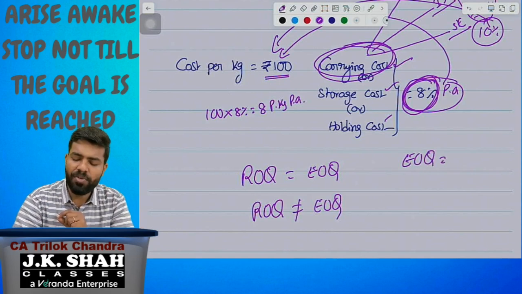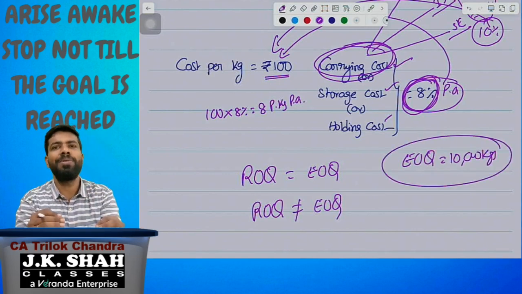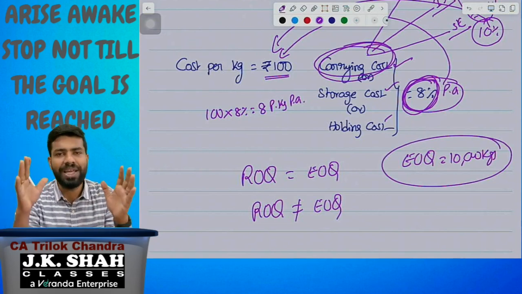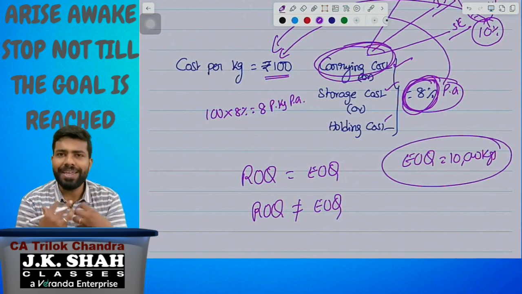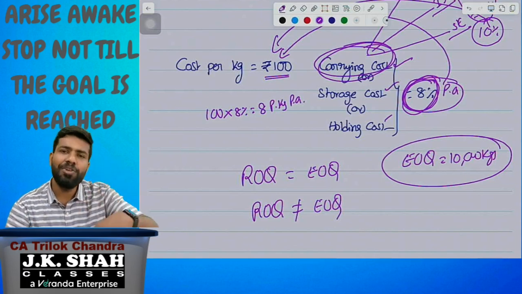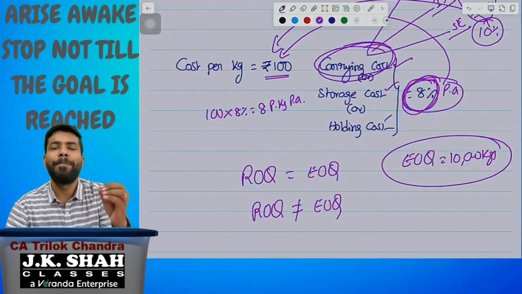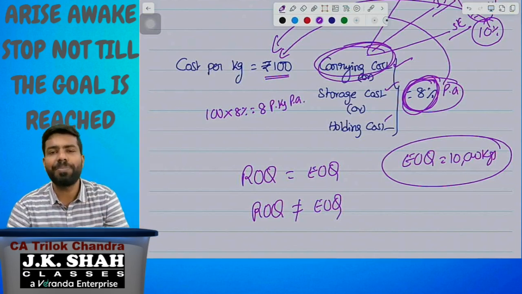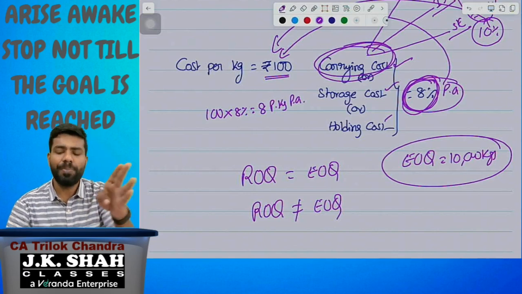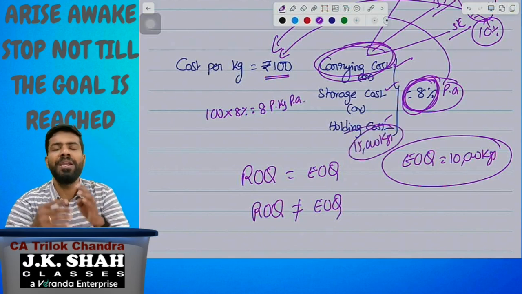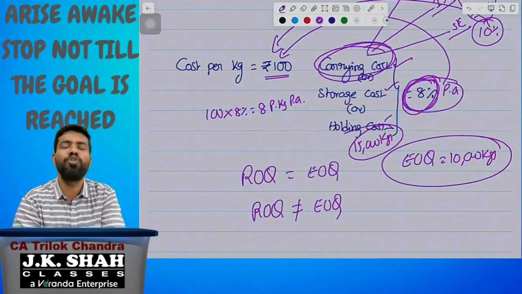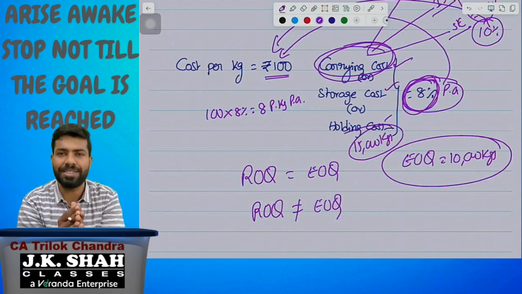We calculated EOQ equal to 10,000 kgs. Now we'll recommend to the management, sir, please place the order of 10,000 kgs so that we can minimize the cost. Management will try to place the order of 10,000 kgs, but suppliers are not ready to supply 10,000 kgs. They are ready to supply only 15,000 kgs. I can call it the minimum order.